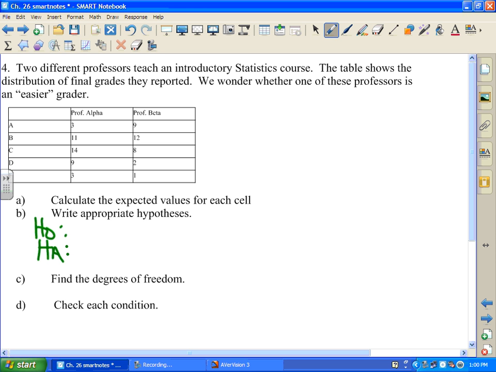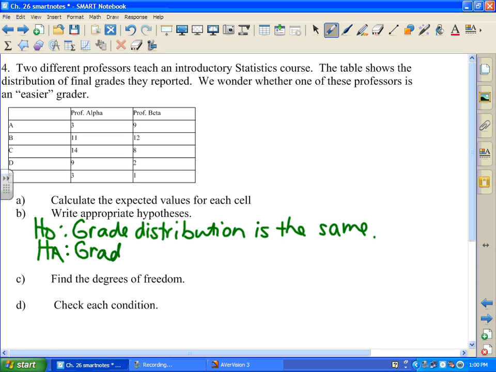So what is our null hypothesis? There's no change. They're basically the same, or you can just say the grade distribution is the same. And so the alternative is that the grade distributions are different.